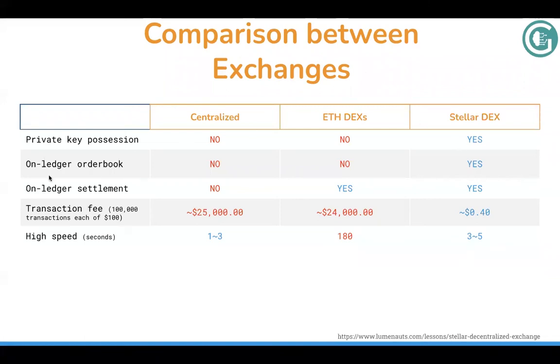The next one is on-ledger order book. In order to explain it a little bit, I need to first talk about what an order book is. An order book is like a buy-sell record. Let's say someone wants to buy an asset for a certain price. Someone wants to sell an asset for a certain price.